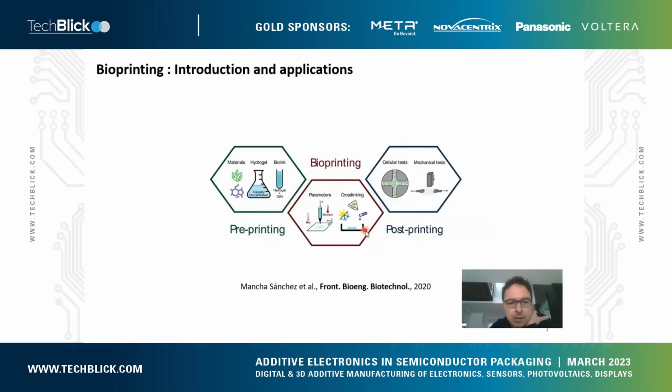So, three important steps in the bioprinting process. We have the pre-printing step, that entails the selection of materials, including inks, hydrogels, and growth factors, as I mentioned before. One important step in the printing process itself is the cross-linking.